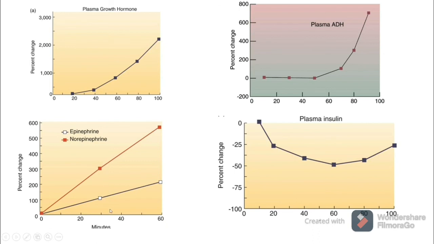So that also increases with the duration of exercise. The plasma ADH or the antidiuretic hormone, as I told you, increases beyond 30 to 40 minutes of exercise, and it is involved in the maintenance of the water balance. The plasma insulin is the only hormone which reduces during exercise, as we can witness in the graph.